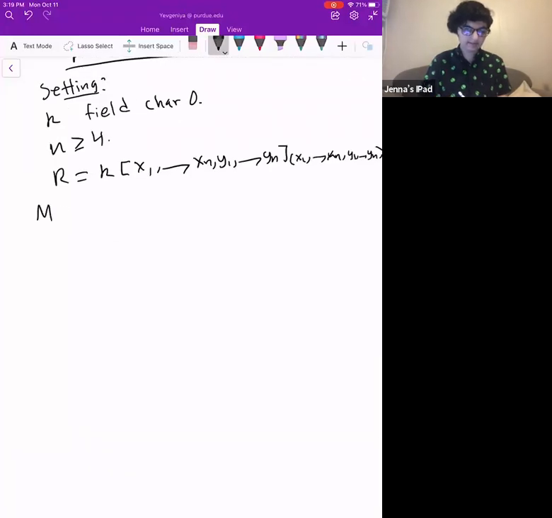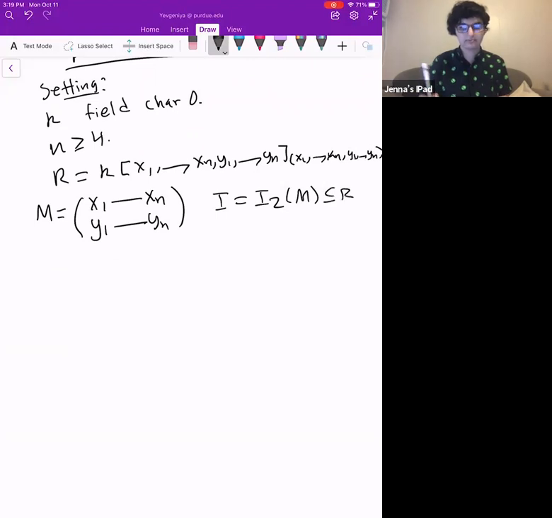And we let M be a 2 x n matrix where its first row is all the x's and its second row is all the y's. And we let I be the ideal generated by the 2x2 minors of this matrix. And we should note that the height of I is going to be equal to n minus 1.